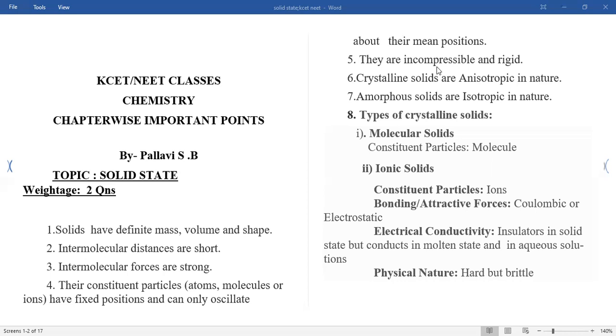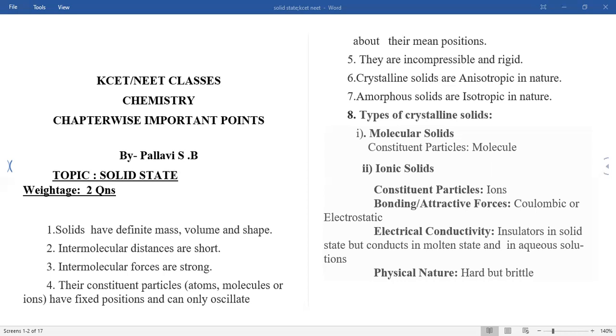So what do you mean by anisotropic? When we study physical properties like refractive index, and we study the same property in different directions for crystalline solids, we get different values for the same property. For example, if I study the refractive index of one crystalline solid in one direction, the value we get, let us say, is x.